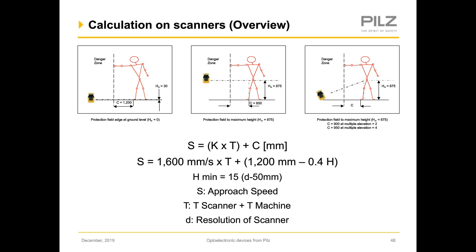In the middle, you have the laser scanner mounted higher up. And on the right, you have the laser scanner mounted at an angle at a certain height. All these cases have the formulas and the information you find in the ISO TS 62064, which provides excellent guidance for that.